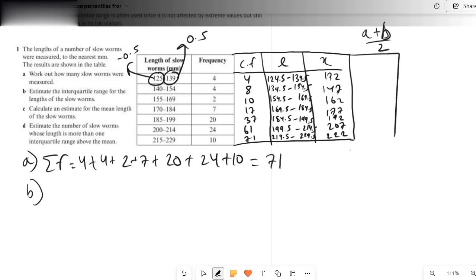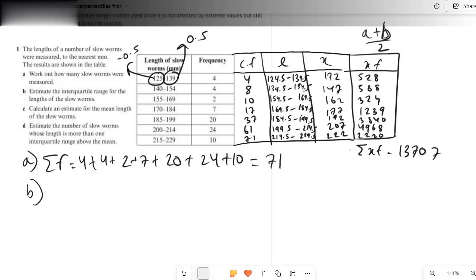Now we can calculate the products of a midpoint with the corresponding frequency, XF, which is going to be 528, 588, and 324, 1239, 3840, 4968, and then finally 2220. We can find the summation of XF being 13707, and the summation of F was 71. So this was to find the mean, which is for number C.